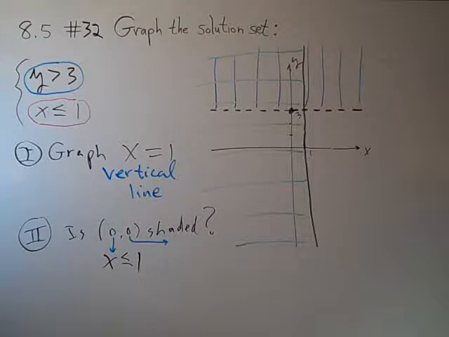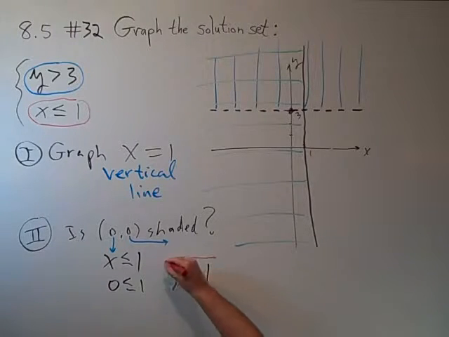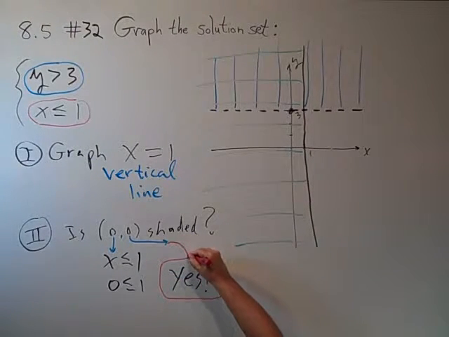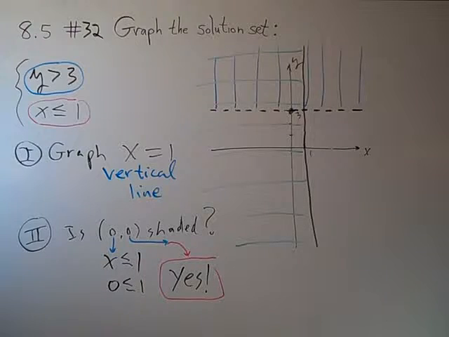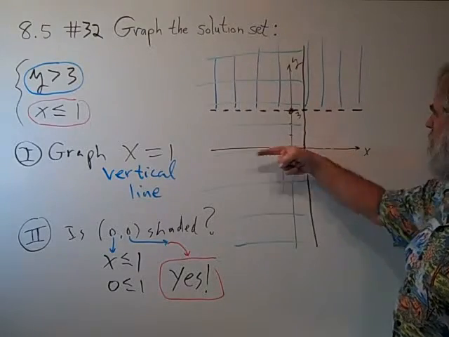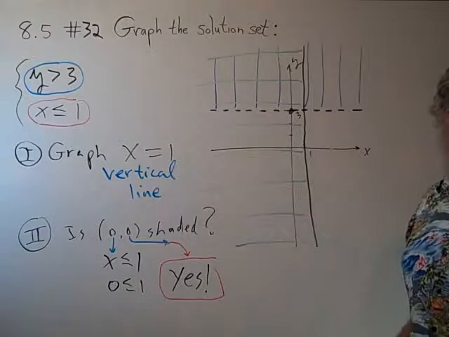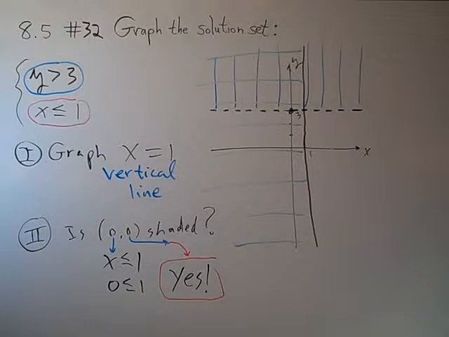There is no y in the equation because y doesn't matter. It's only x that matters. And indeed, x is less than 1. So the origin side of this line got shaded here, as we saw, because x is less than 1. Here x is equal to 1. To the left, x is less than 1.